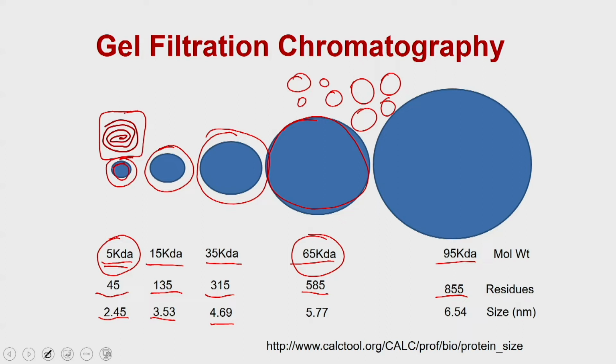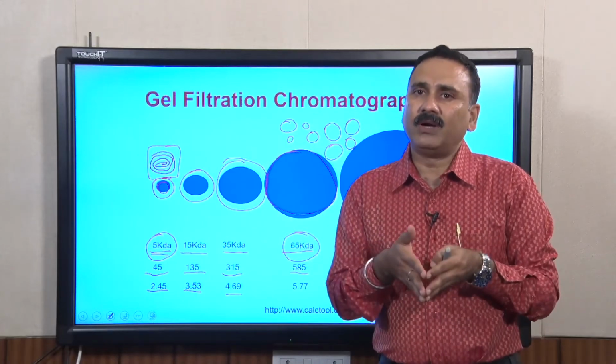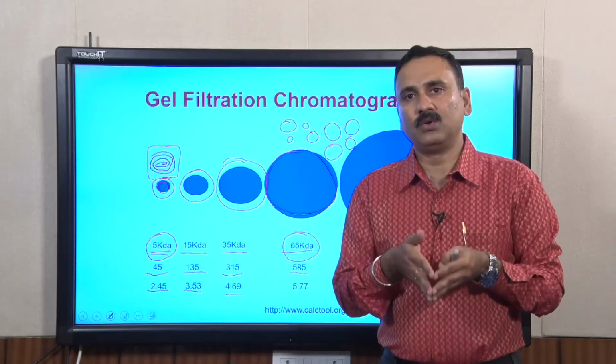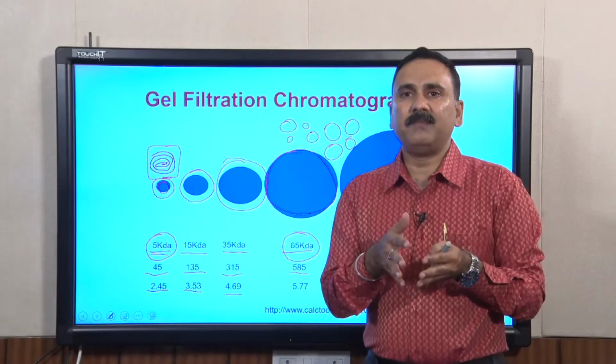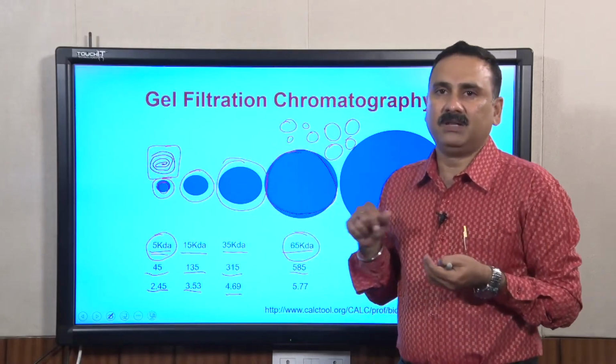If you have a mixture of these two proteins, you can simply take filters of two different diameters, the diameter corresponding to 5.77 nanometer and the diameter corresponding to 2.45 nanometer, and if you filter the proteins through these two filters, they are going to be separated from each other. This is exactly what gel filtration is going to do. It has funnels of different pore sizes, and based on that it filters these molecules.